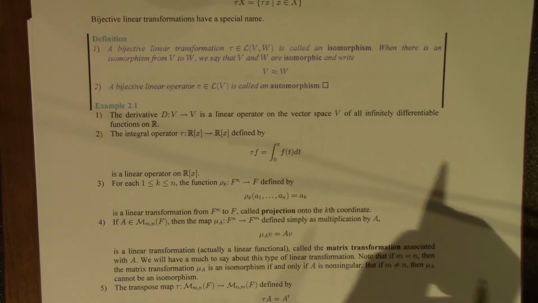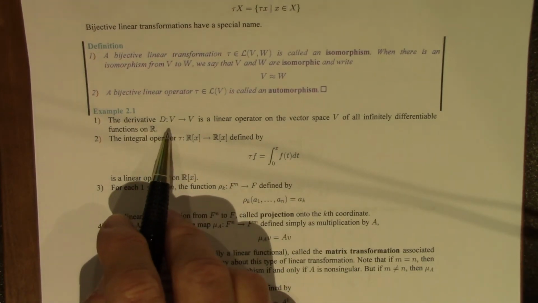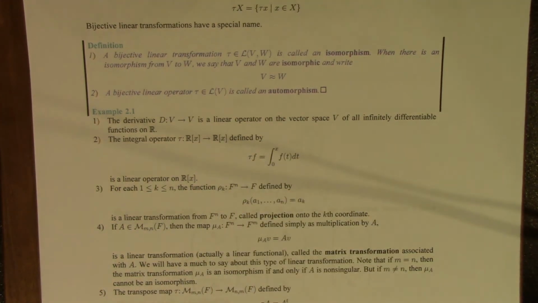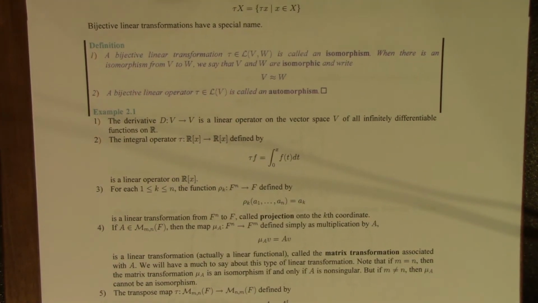Some examples of linear maps: the derivative applied to the vector space of all infinitely differentiable functions on R is linear. You would have learned that in a basic calculus course.